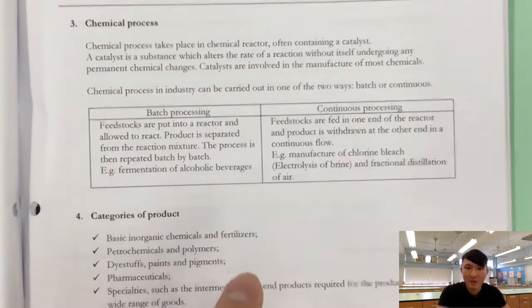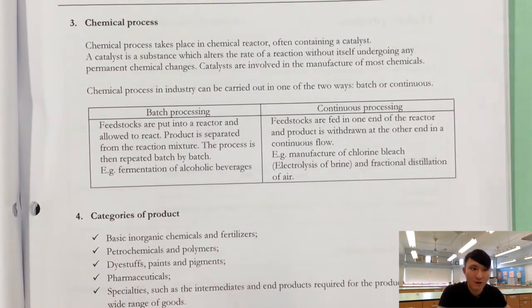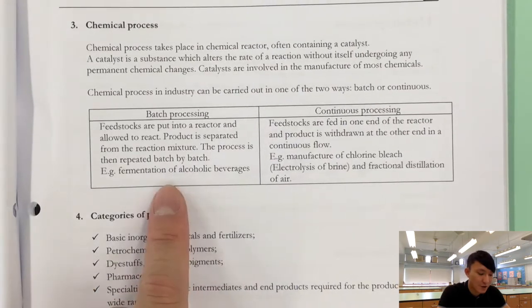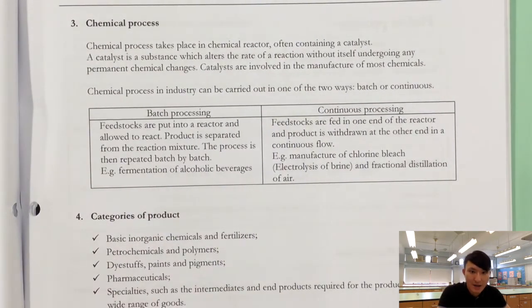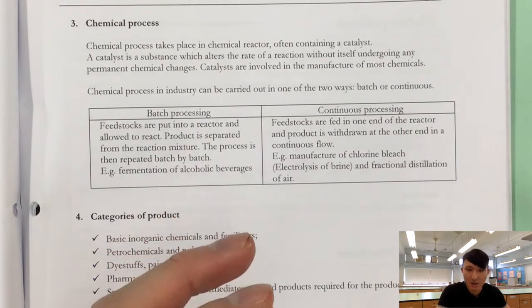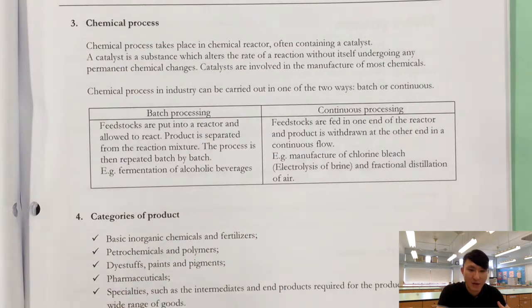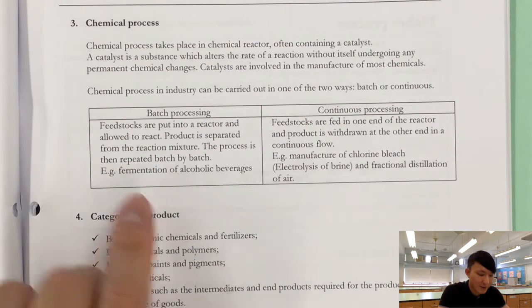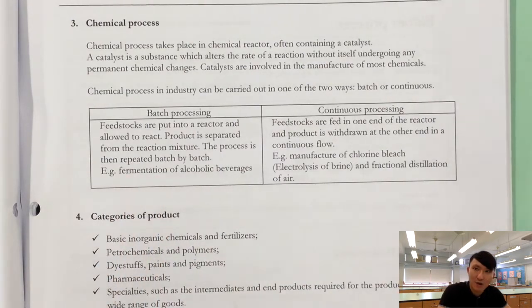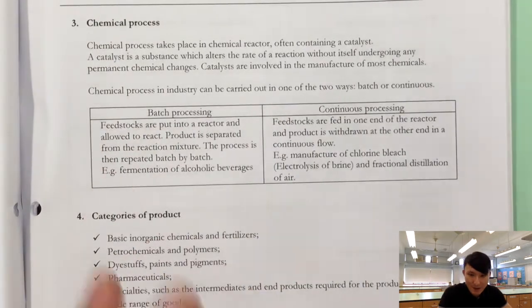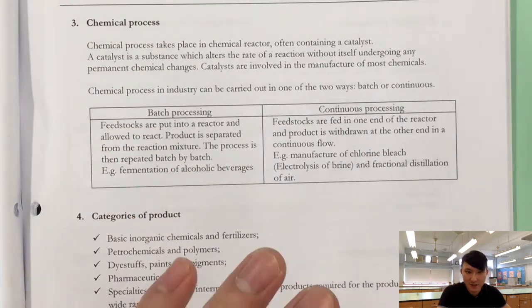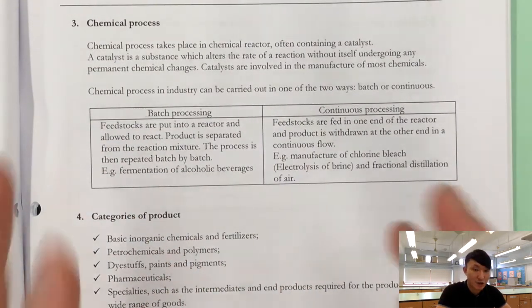So every year we have one harvest of grapes, and we harvest the grapes and then make a batch of wine, and then we wait until perhaps autumn or winter where we have another harvest of grapes, and then we make another batch of red wine. Okay, so this mode of production is called batch processing. The manufacturing process is not continuous; it's discontinuous. Batch by batch.